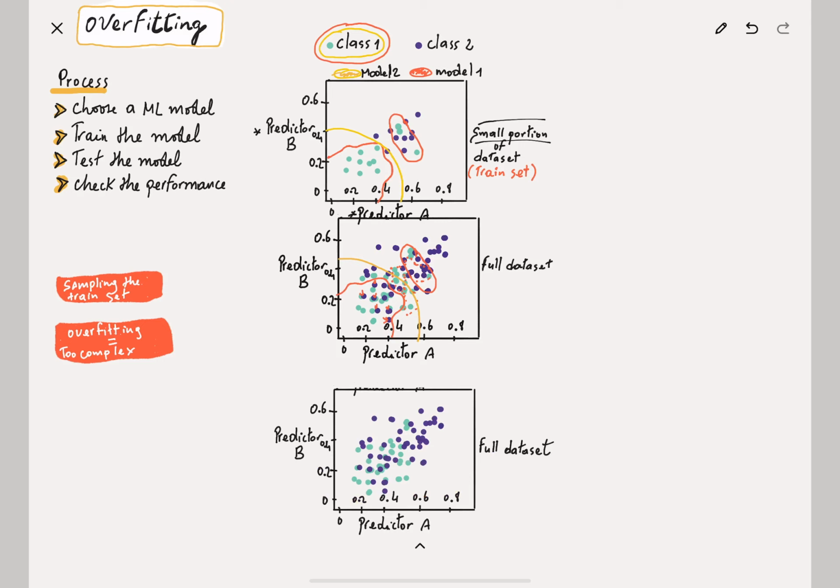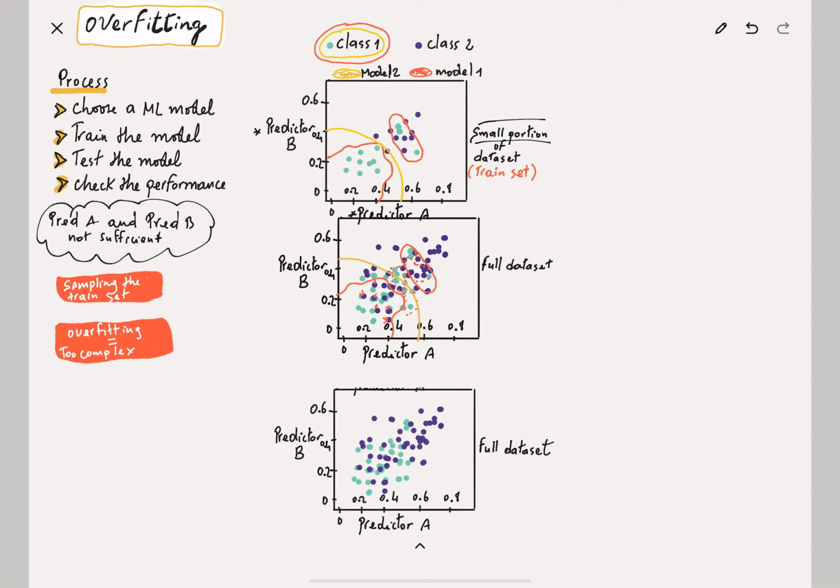But then maybe in order to have a good model, predictor A and predictor B are not sufficient, right? So maybe we actually want some other predictor.